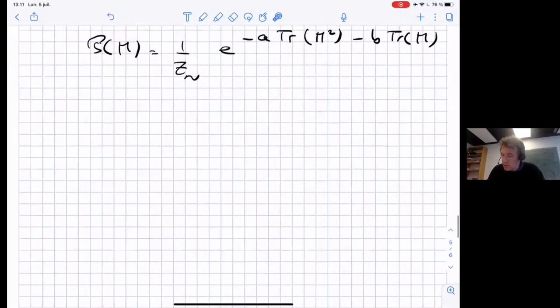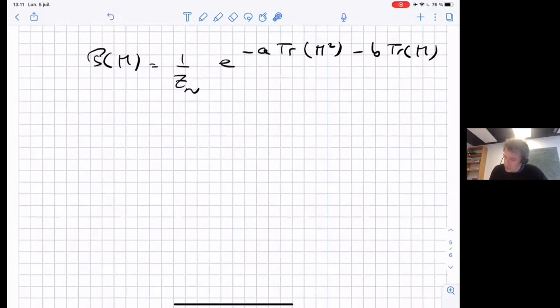Maybe it's good to do one, just to start with something. I just want to show you that this is indeed a Wigner matrix, that this is of type A.